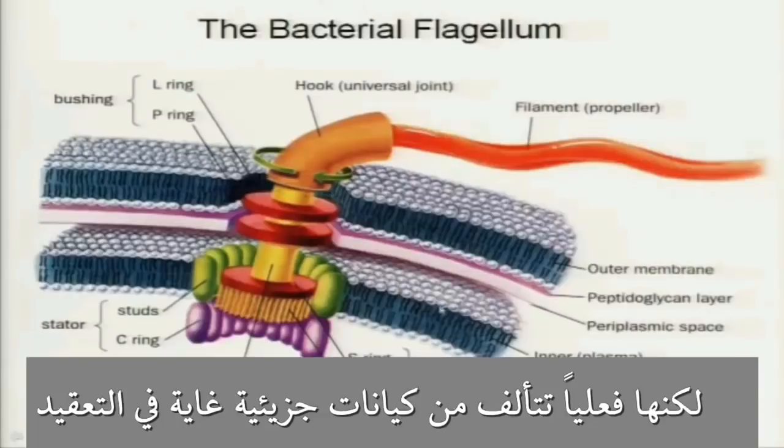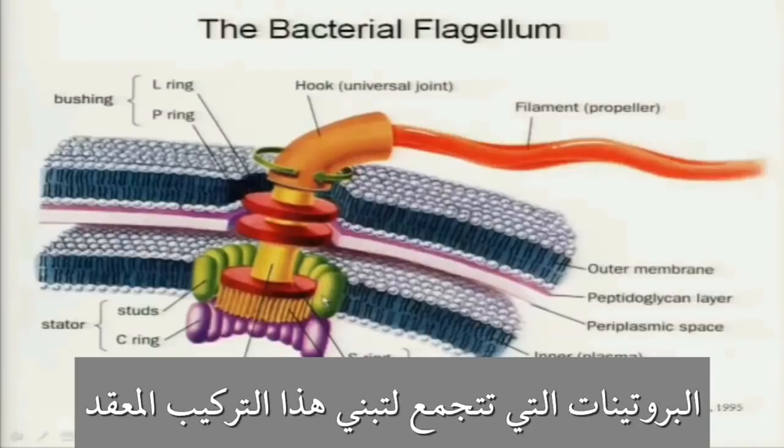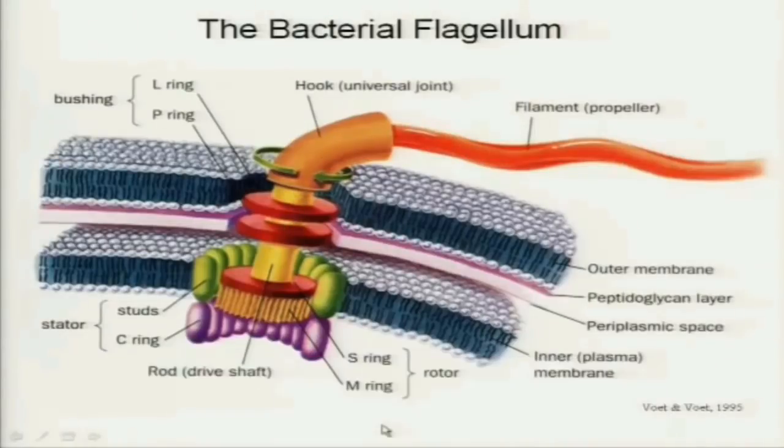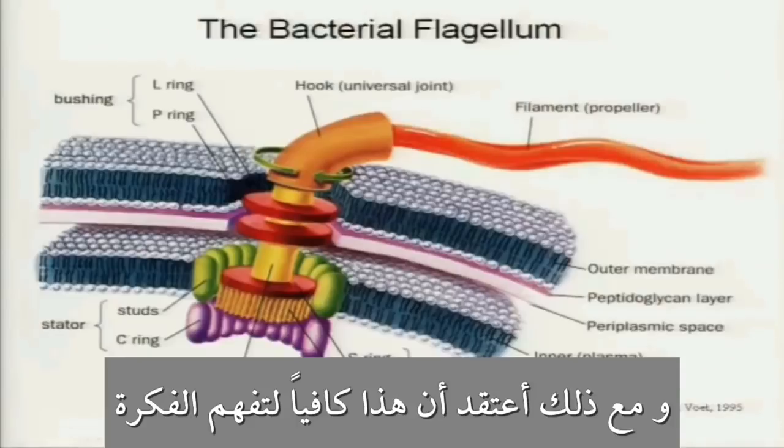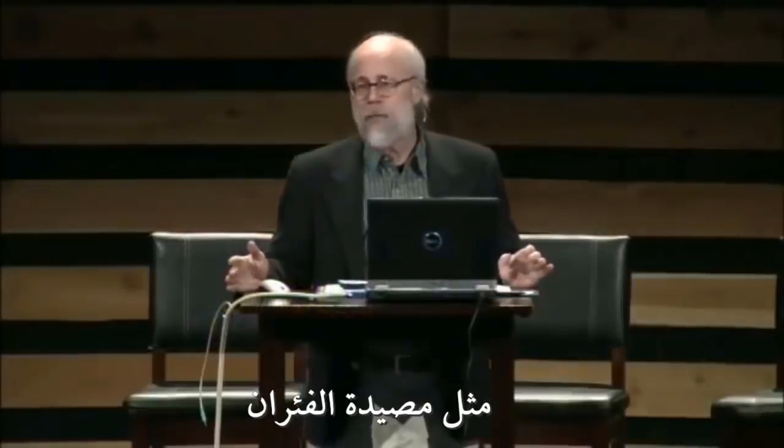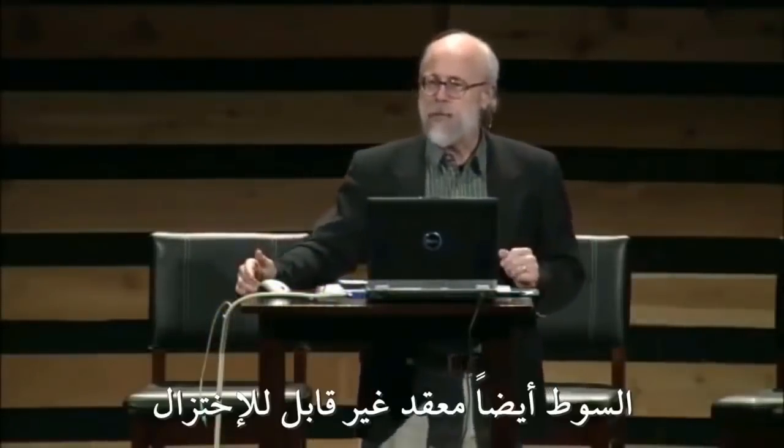These are actually constituted of very complicated molecular entities themselves, proteins, which have to self-assemble and build this rather complex structure from the inside out. Nonetheless, this is sufficient to get across the idea that, like a mousetrap, the flagellum is irreducibly complex.